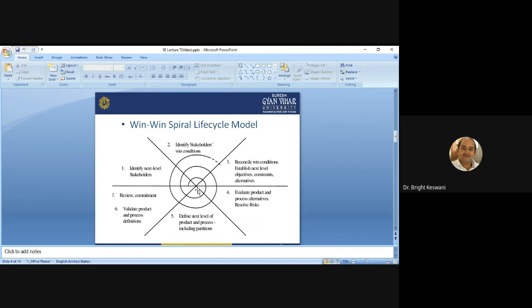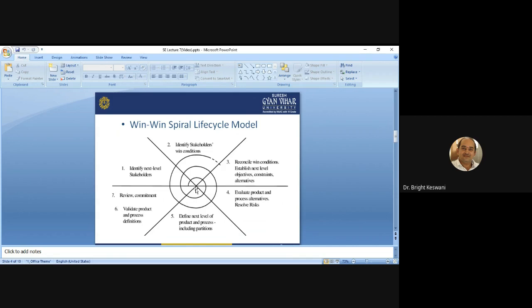There are mainly two major features of this model. The first feature is that it provides an explicit set of goals for collaborative software definition and development. And secondly, it embeds the collaboration activities explicitly within a robust lifecycle process model, the spiral model.